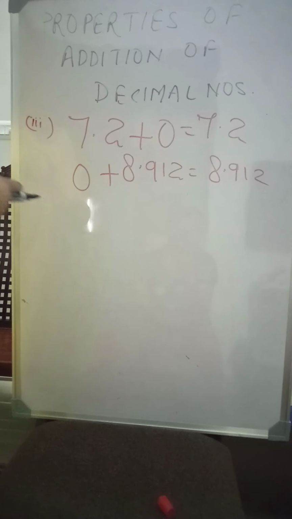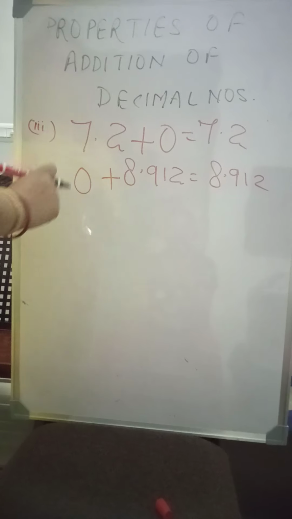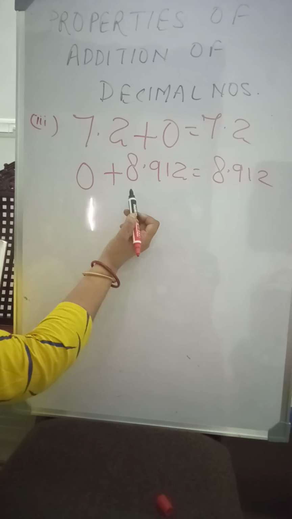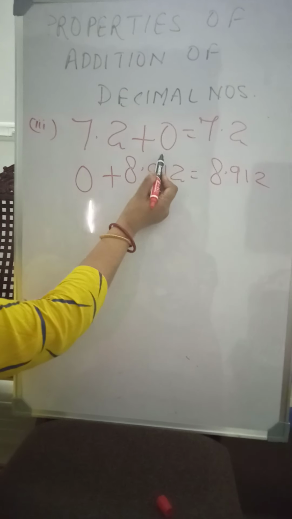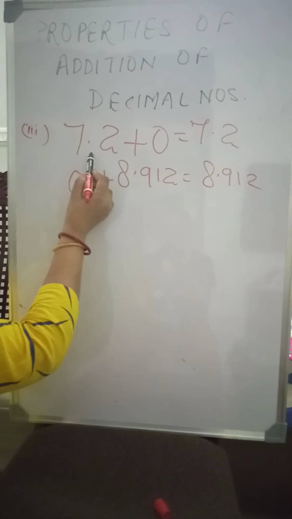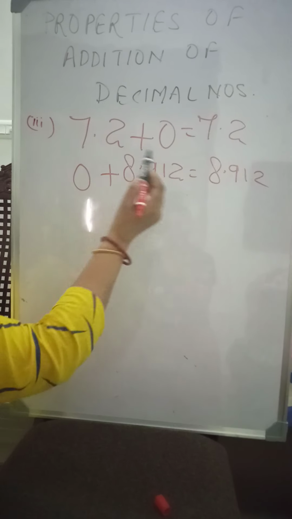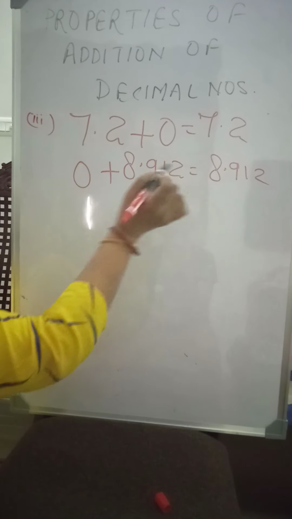So what do we observe? If 0 is added with any decimal number or a decimal number is added with 0, the sum is the number itself.